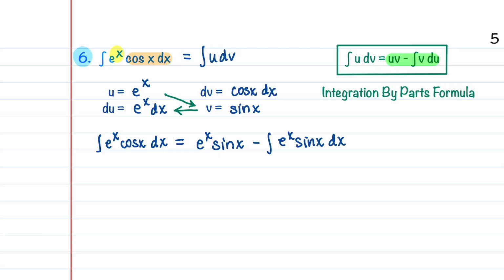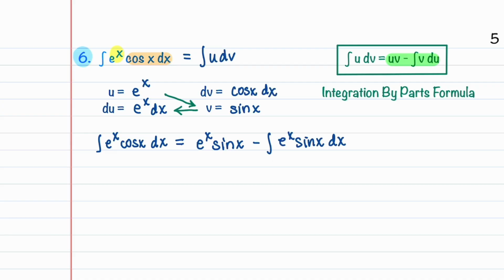Now I want you to notice that we have an integral that looks very similar to the one that we started with. What we have to do is use integration by parts again, and here's the super important part. You need to make sure to choose u to be the same function that you chose originally, either the exponential or the trig.